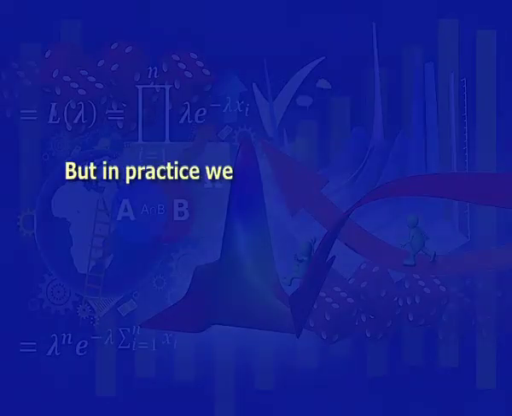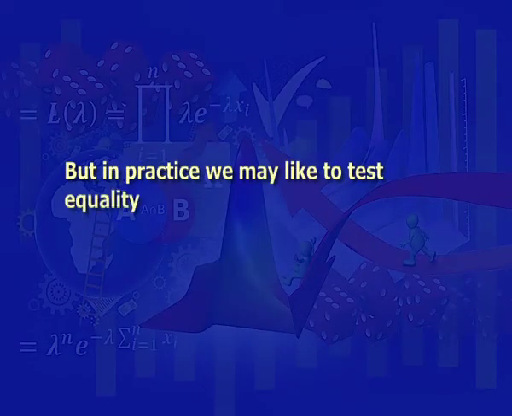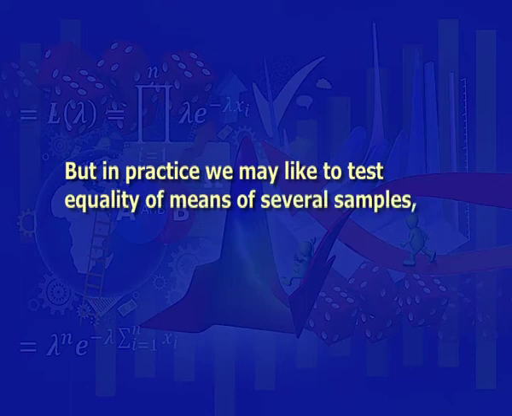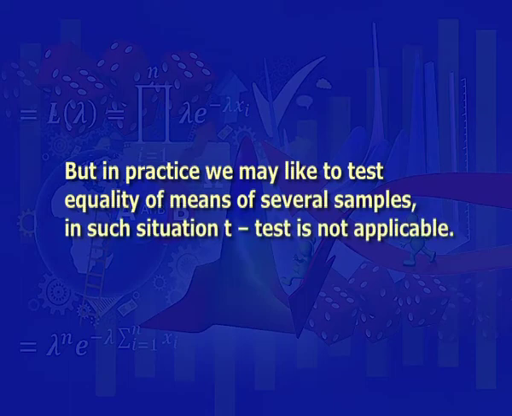We know that for small samples, the significance between two means can be tested by t-test, but in practice, we may like to test equality of means of several samples. In such situations, t-test is not applicable.